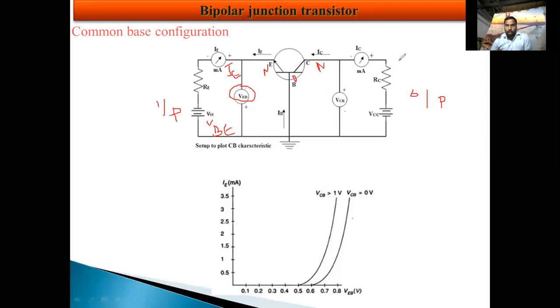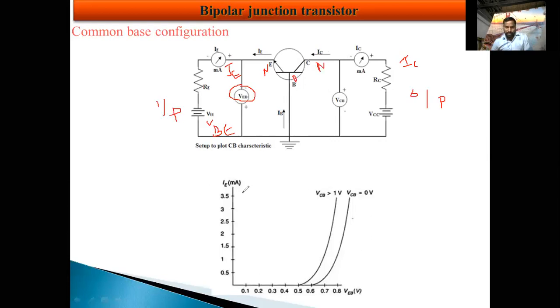The output current is IC. Input current is IE. Output voltage is VCB. Input voltage is VBE. Now according to this, we use this figure.